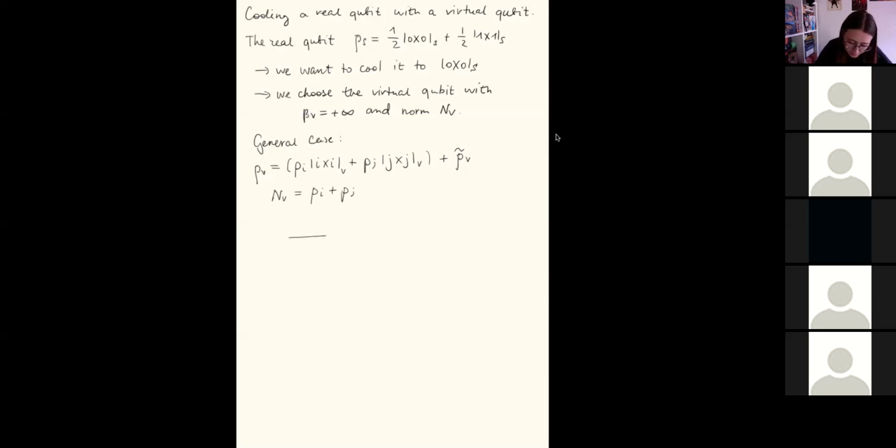And then the swap operation: we treat these levels i and j as, in the previous case, we treated the levels 0 and 1 of the second real qubit. So suppose that we have our real qubit S and our multidimensional system V, and then we have these two levels i and j.